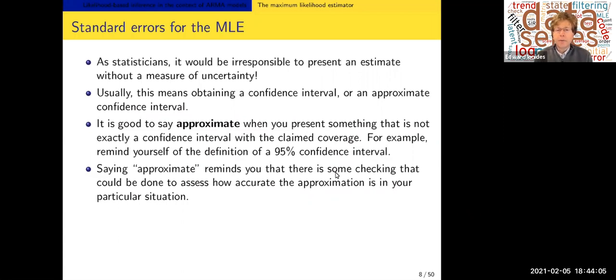A perfect 95% confidence interval would cover the true parameter value exactly 95% of the time. If your estimate is based on some sort of approximation, such as large sample, for example, then technically you have an approximate confidence interval. And saying approximate reminds you that there's some checking to do to assess how accurate the approximation is in your particular situation.